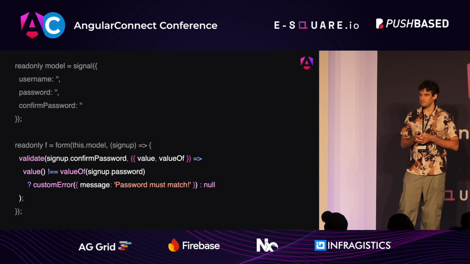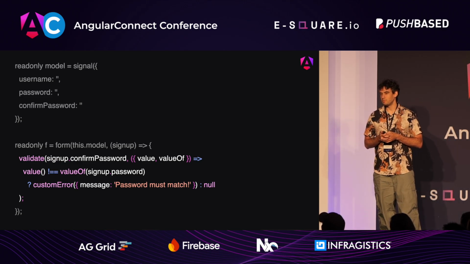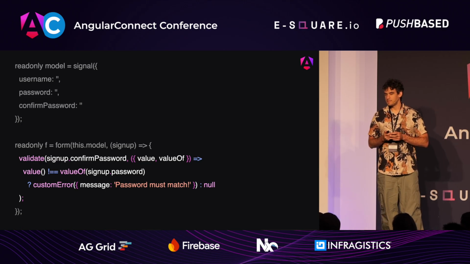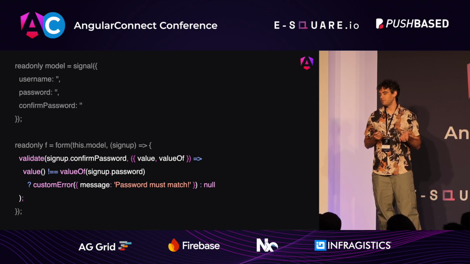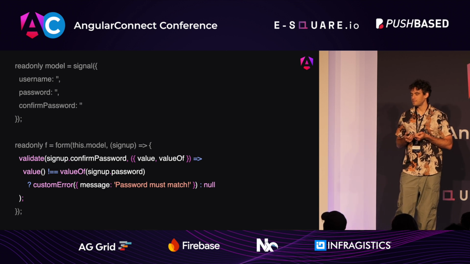And one of them is a function called value of. And value of lets us read the value of any other field in our form. So in this case, using the value and the value of is very simple to just say, make sure that they're the same. If they're not, then we want to show an error message, and otherwise, everything's good.